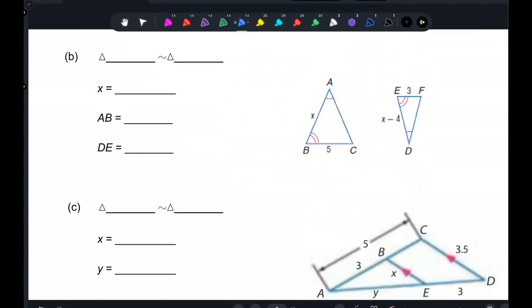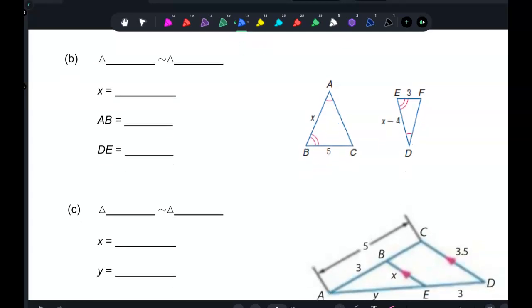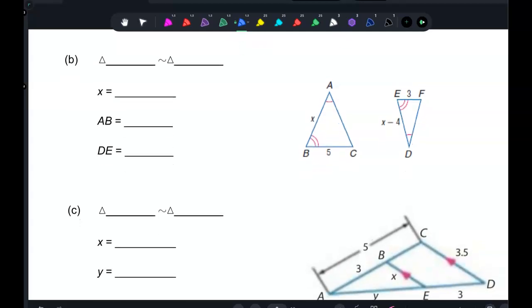All right, next one, let's write the similarity so we can see ABC is going to be similar to DEF. This one's kind of flip-flop, so I can compare x to x minus 4. That has to be the same as 5 is to 3.